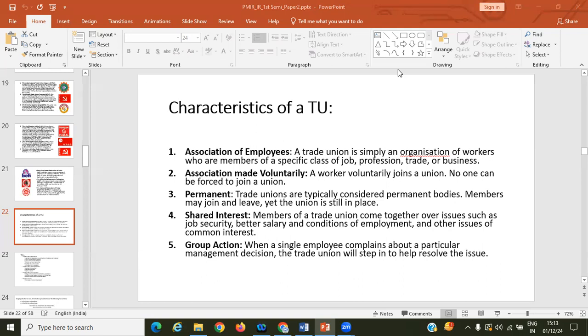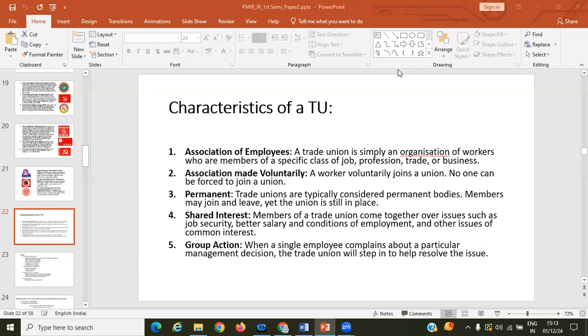There is another feature, shared interest. Members of the trade union come together over issues such as job security, better salary, conditions of employment, workplace, and other issues. These are the common issues. If one person is facing a problem, everyone is facing the same problem.